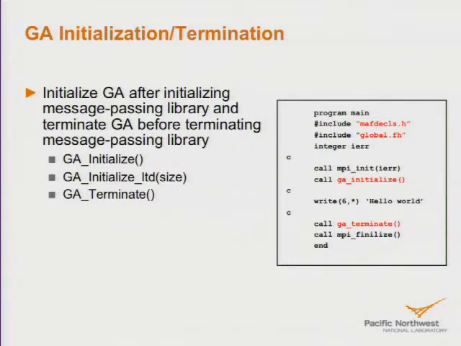This is just boilerplate, with some declarations and definitions. Then you initialize, run the application, and terminate. If you run this on 16 processes, you'd see 16 lines of output.